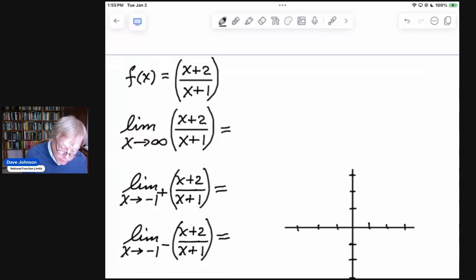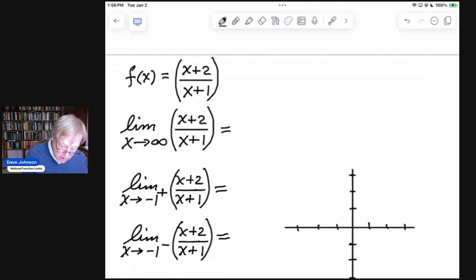So the rule that you may have learned was if the numerator degree is equal to the denominator degree, then you take the ratio of the leading coefficients, and the leading coefficient here is 1 in the numerator. The leading coefficient in the denominator is 1. 1 divided by 1 is 1.